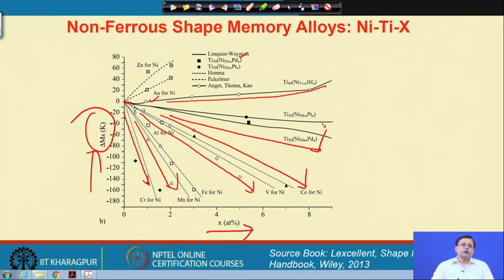So far we have discussed the most important non-ferrous shape memory alloy systems, and we have learned about the various transformation products that may be encountered during the austenite to martensite transformation. The situation could be very complex in the case of nickel-titanium, so the purity of the alloy is also important. Why are we discussing that?